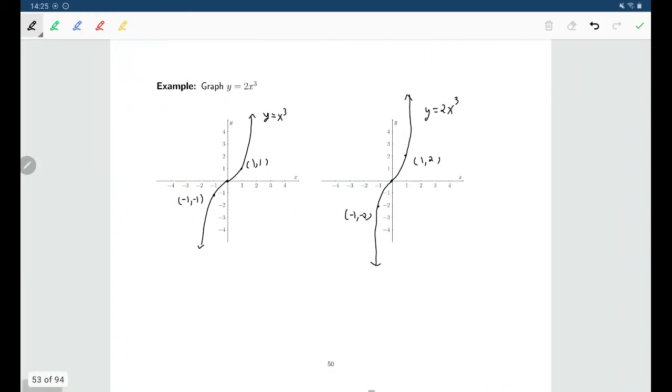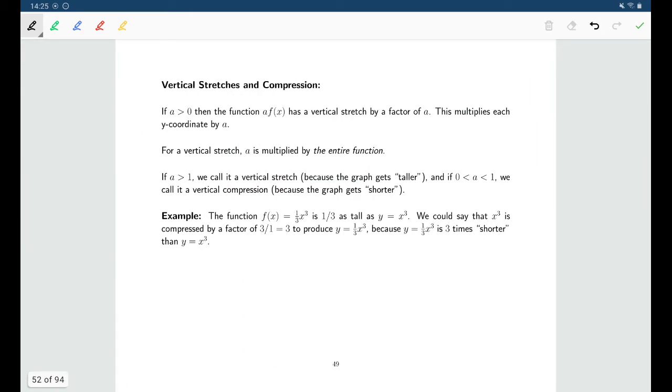If you're flashing back to a couple of slides ago, for the vertical stretch, we're multiplying every y-coordinate by that number a. And so, as you know, when we do horizontal things, we do the opposite of what we might do for the vertical.